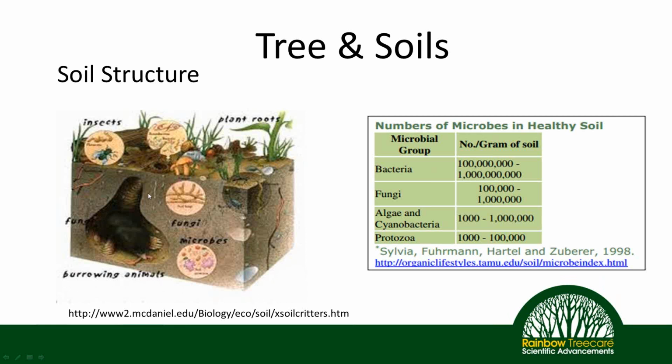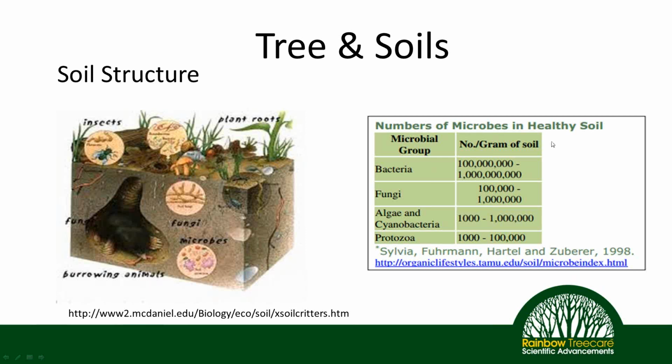Those things are living, they're eating the detritus on the forest floor, incorporating that into the soil. They are living, they are dying, they are pooping. All of these things are working nutrients back into the soil, and then just their physical movement in the soil, along with the roots of the plants, is also creating this really good soil structure, which we don't often run into in our suburban and urban environments.